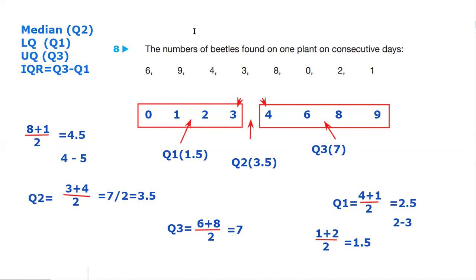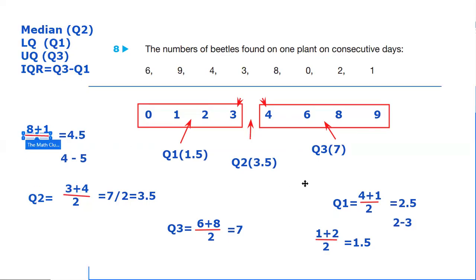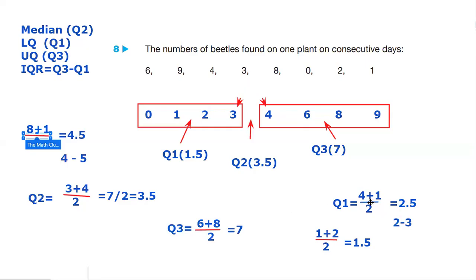Now I found the Q1, Q2, and Q3. So basically, I used the methods that I know to find the medians: the median of this one, the median of the whole data, and the median of this. Now, the last thing that they will ask me to find is the interquartile range. Focus on the steps: find Q2, the median, which divides the data into two groups.